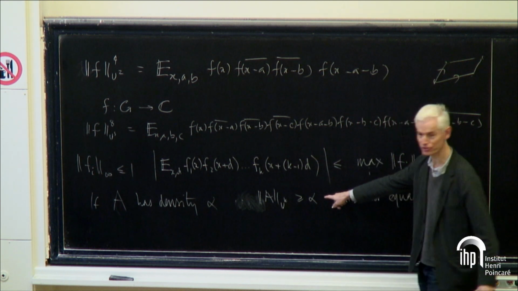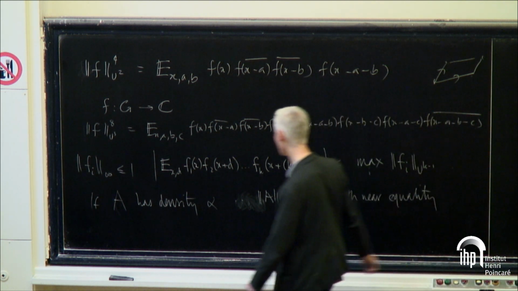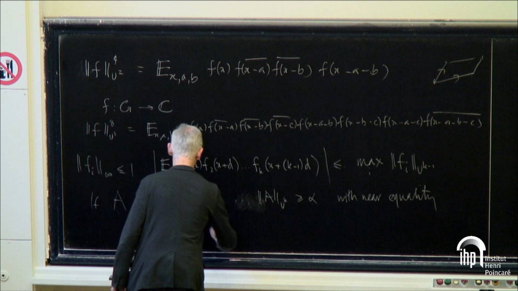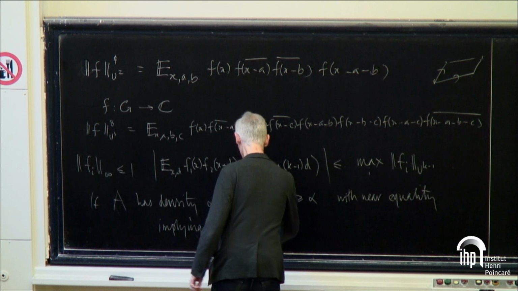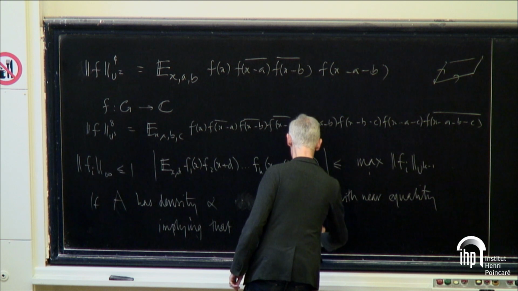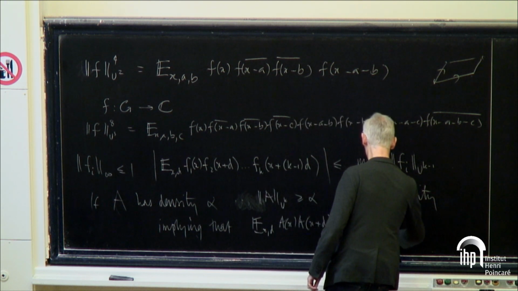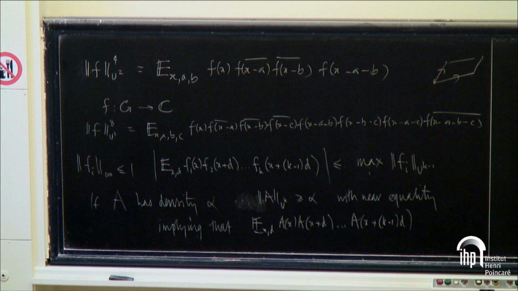So if it's only just bigger than alpha, that implies that this expression here, the average over arithmetic progressions, is roughly what you expect.